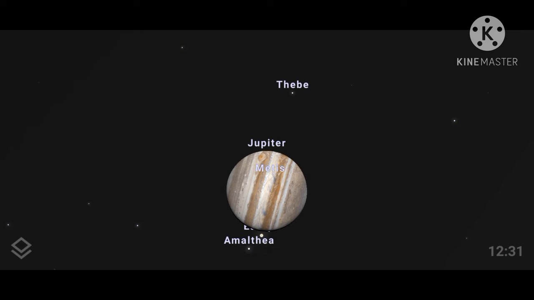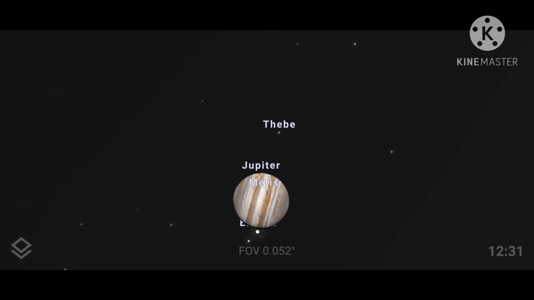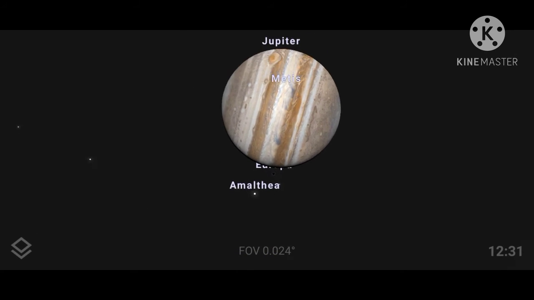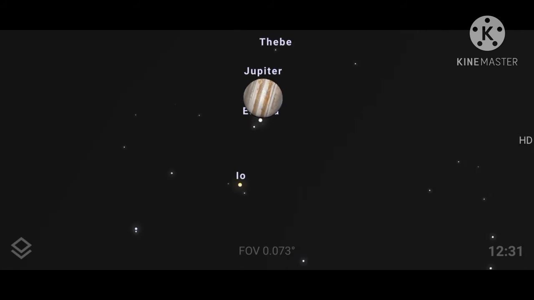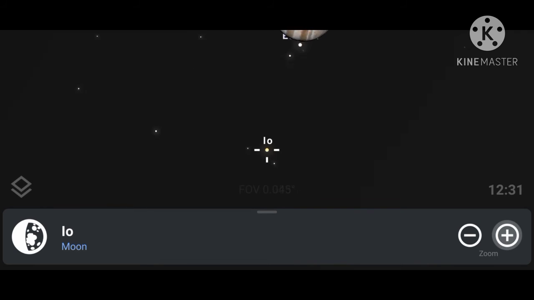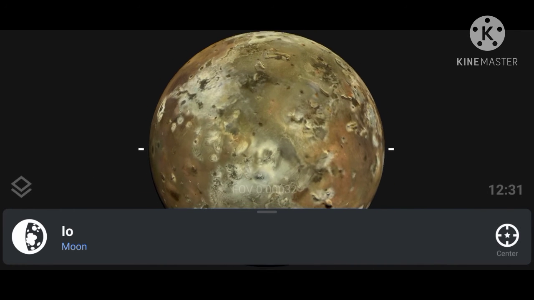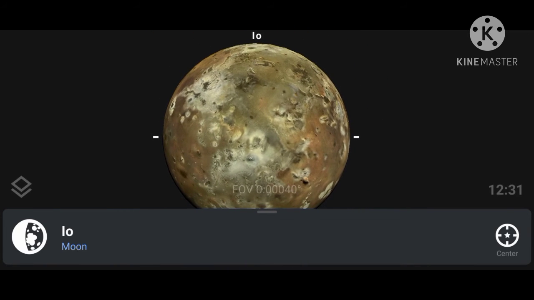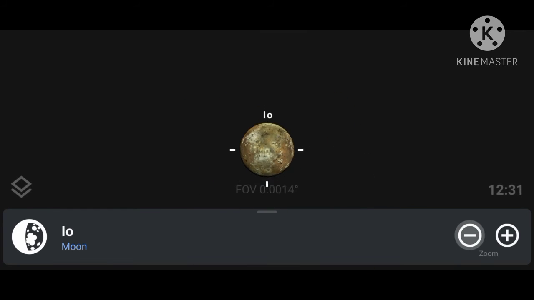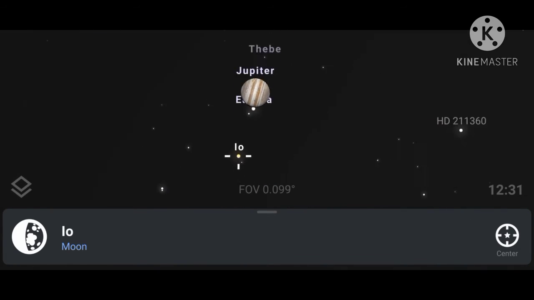Jupiter also holds the greatest number of moons, which are 79 moons, and 4 of them were discovered by the Italian astronomer Galileo Galilei, and these are Europa, Ganymede, Io, and Callisto. So we can view each one. This is Io, which has a heavily cratered surface, probably from meteorite and asteroid impacts from space.